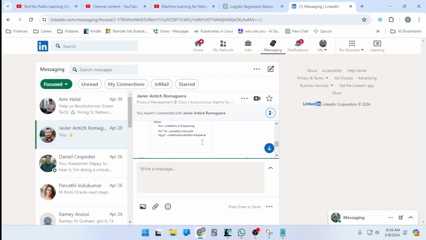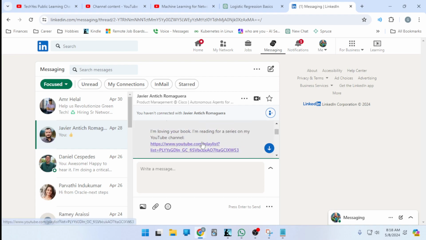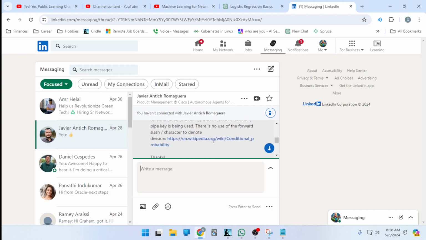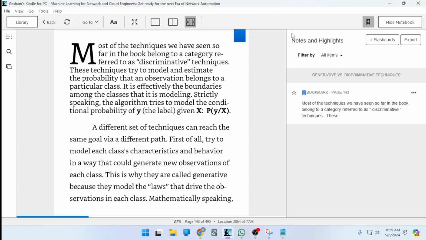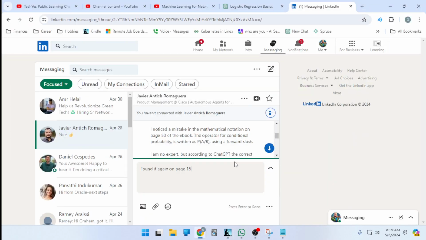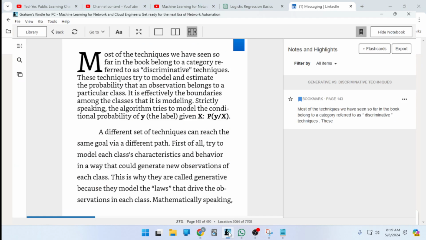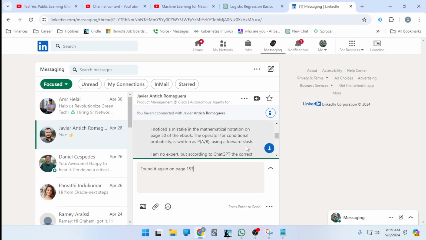I'll get this fixed at some point. Thanks. Found it again on page 143.